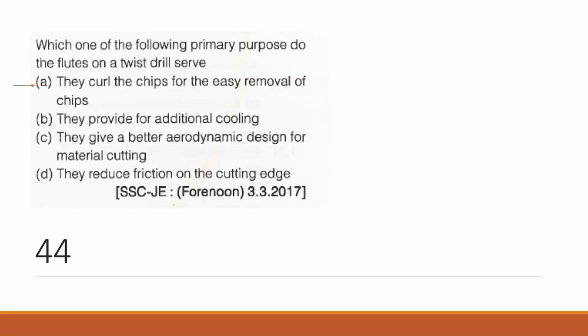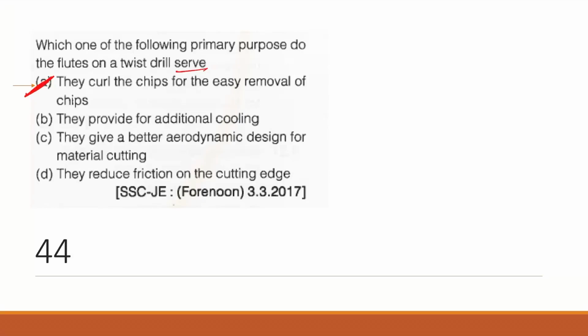Question number 44. Which one of the following primary purposes do the flutes on the twist drill serve? The primary purpose is they curl the chips for easy removal of the chips. This is important, remember.